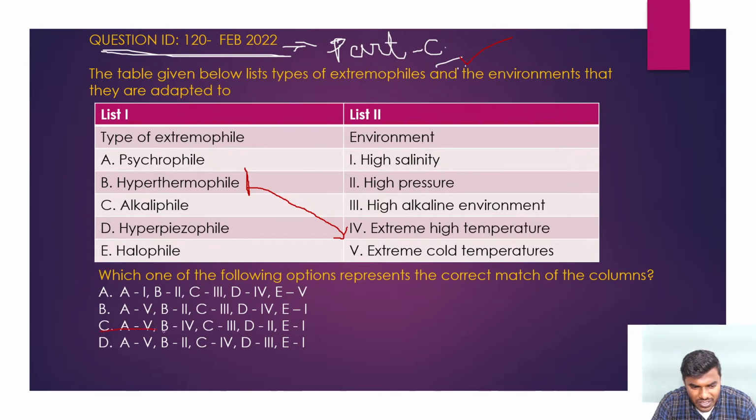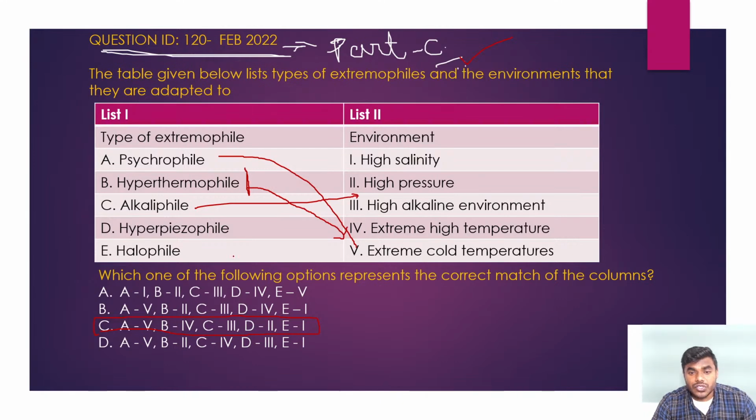So obviously you can easily come to a conclusion for option C. Very easy. Right. And friends, what is a psychrophile? We discussed now, it lives at 0 degrees centigrade, extremely cold temperature. Hyperthermophile at extremely high temperature, and we also know very well alkaliphile, high alkaline environment.